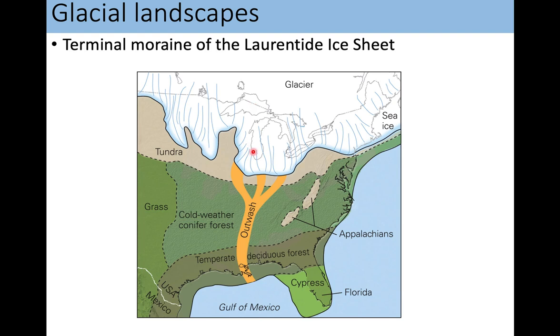You'll notice there was a very strong river of outwash flowing from the glacier down towards the Gulf of Mexico, which you might recognize now as where the Mississippi River is. So that was actually carved by the outwash and the meltwater from the Laurentide ice sheet moving down towards the ocean.